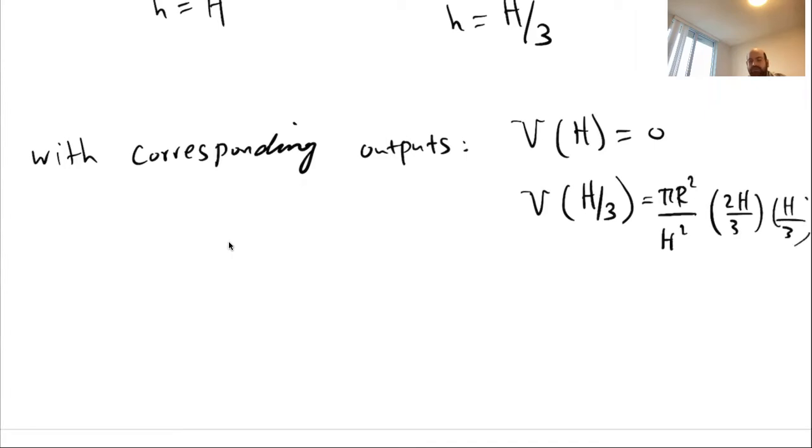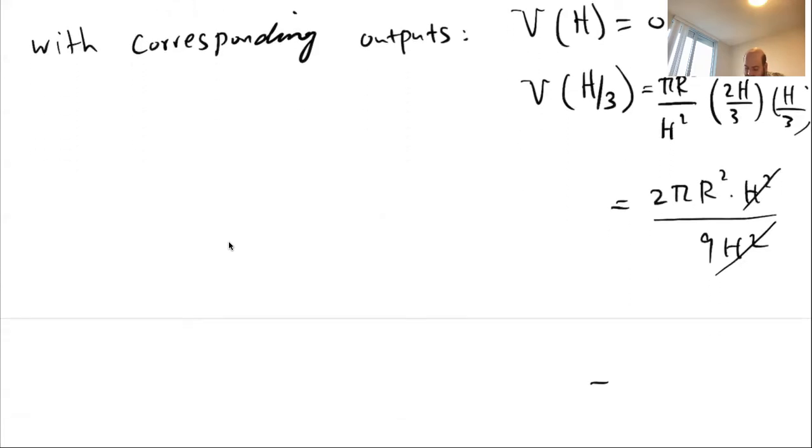I just use the formula for V of small h, and small h here is capital H over 3. And then this will be 2 pi R squared H squared over 9H squared. So this cancels with this, and this is 2 pi R squared over 9.